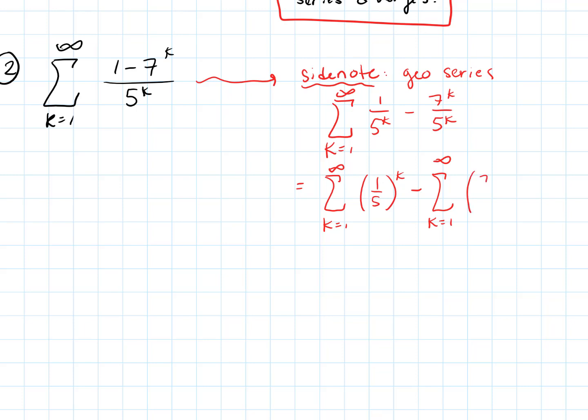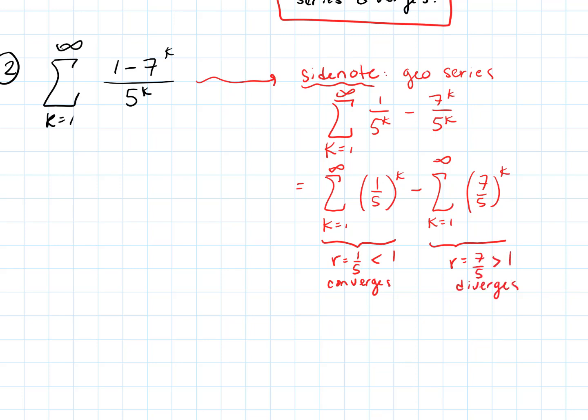We could rewrite this as 1 over 5 to the k and 7 over 5 to the k, just splitting up that fraction, where this guy by geometric series has r equals 1 over 5, which is less than 1, so this guy converges. So this has a finite sum, but check this out. r here equals 7 over 5, which is greater than 1, so this diverges.